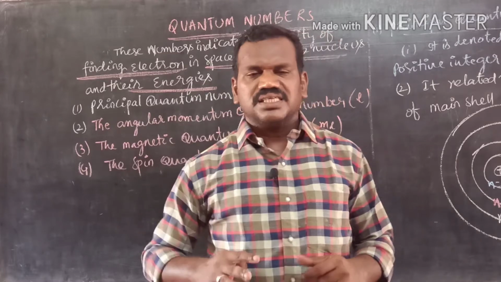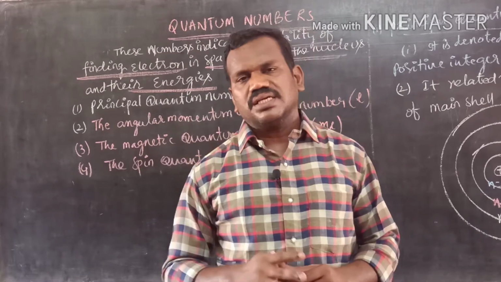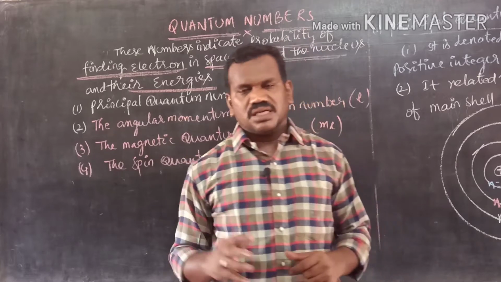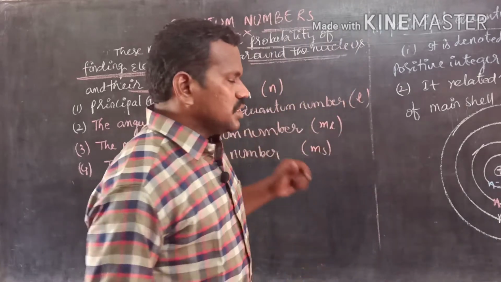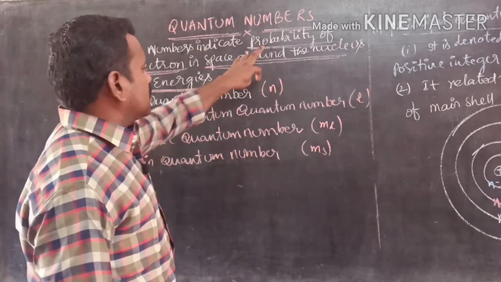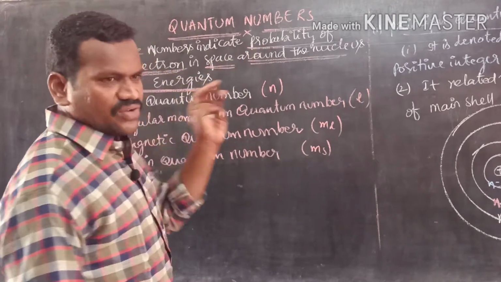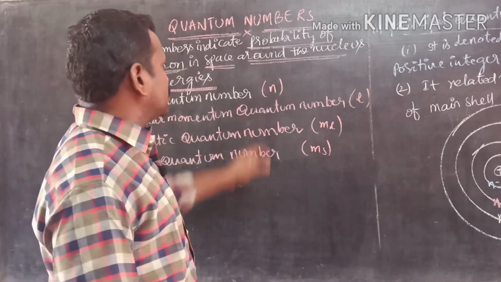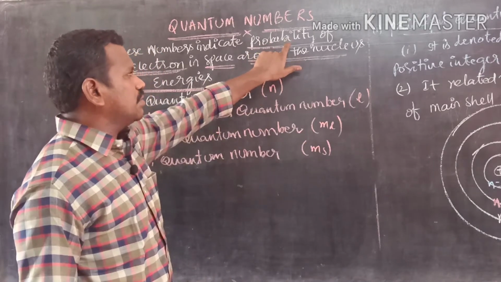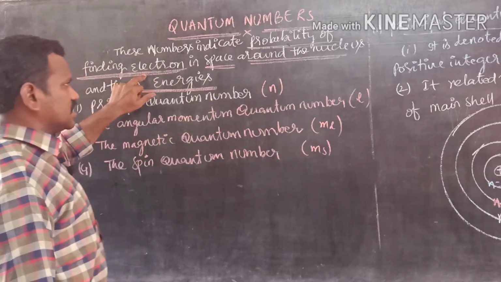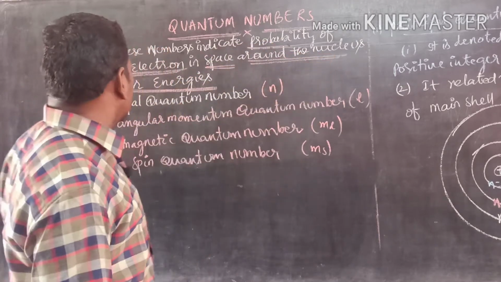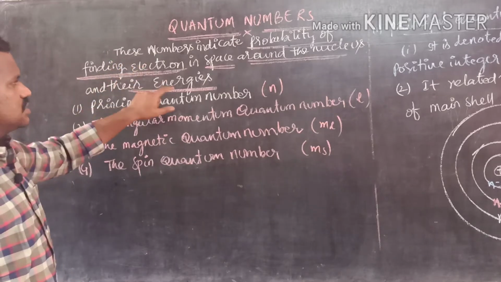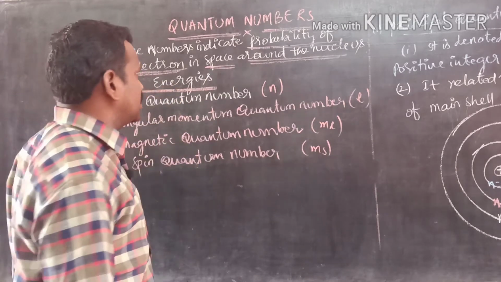As the size increases, the energy of the orbit increases, and the energy of the electron also increases. So we can't find the electron at a fixed position. For that we select the probability of finding the electron in a space, which is located around the nucleus, and every electron is associated with some amount of energy.